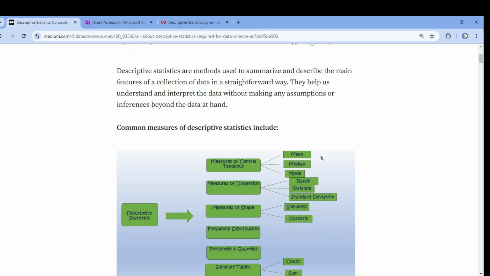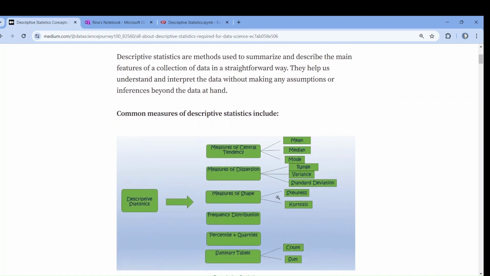Second one is weighted mean. When every data point has a different weight, we calculate the weighted mean by multiplying each data point with its corresponding weight. Next, we studied median. First, we order the data set, then find the middle value. Next, we studied mode. Mode means the value which occurs most frequently in the data set.